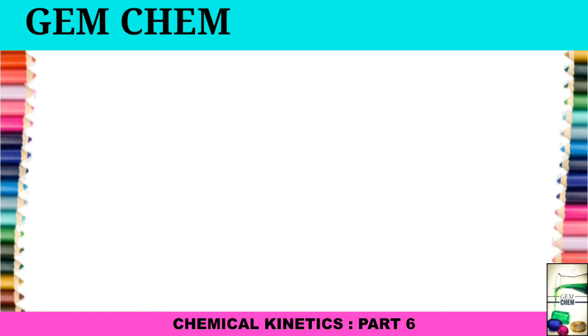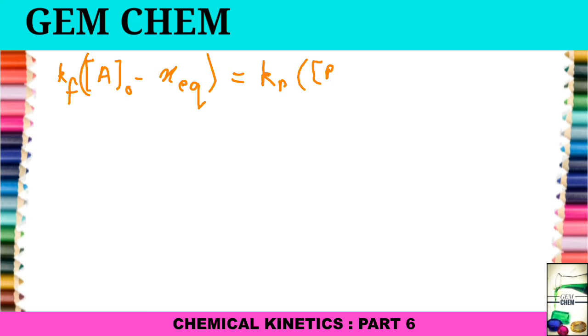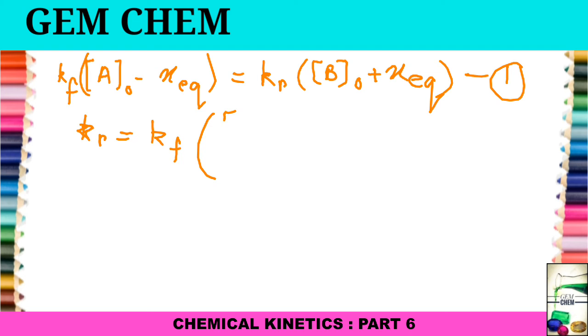So from here we can derive that Kf (A naught minus x equilibrium) is equal to Kr (B naught plus x equilibrium), and this is our equation number 1. From here we can write Kr is equal to Kf (A naught minus x equilibrium) by (B naught plus x equilibrium).